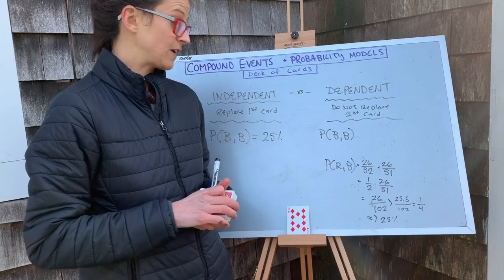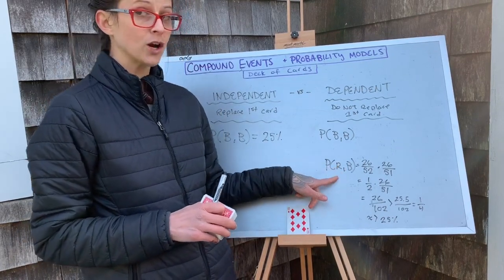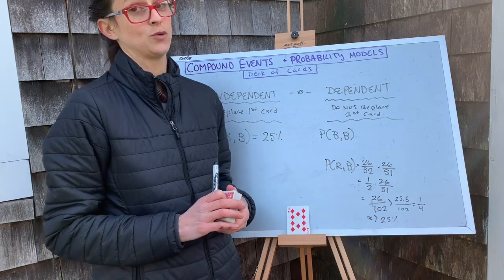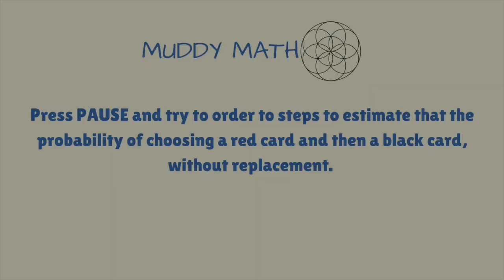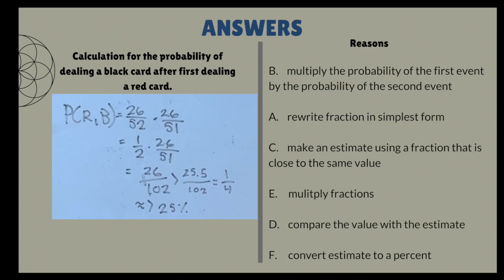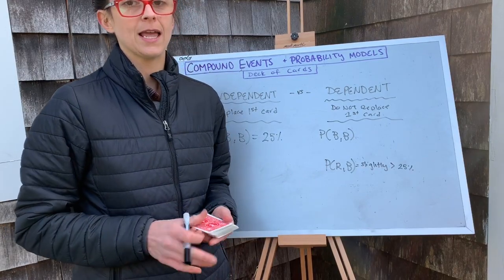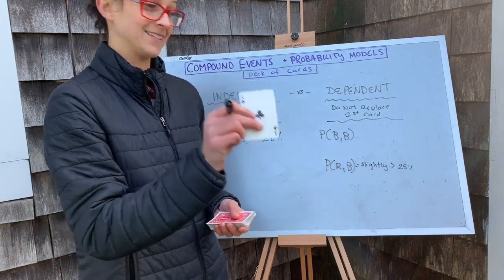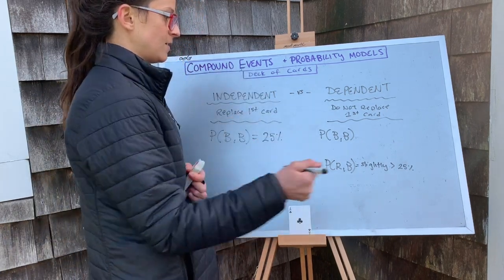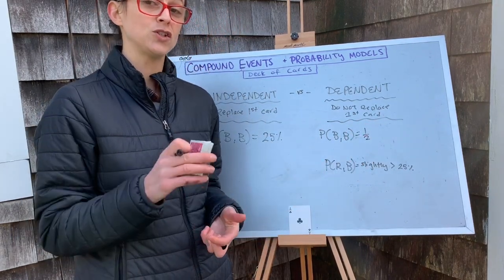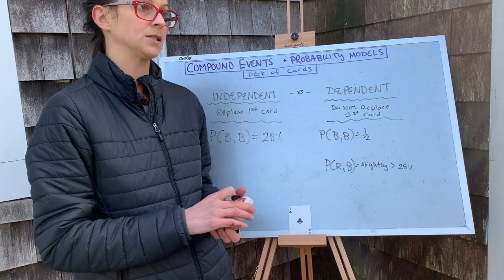The probability of getting a black card when the first card I draw is red and I don't replace that first card is slightly greater than 25%. Now let's assume the first card I get is black and we're not going to replace it. I have a 1/2 chance of getting a black card when there's 52 cards in the deck and 26 black cards.